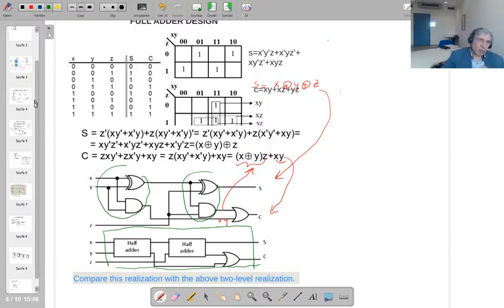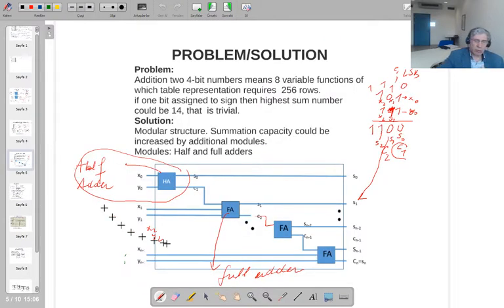So if you consider our design now, we've got a good solution now. Each full adder here has got two half adders in it. So altogether, total number of half adders is the number of full adders times 2, isn't it?